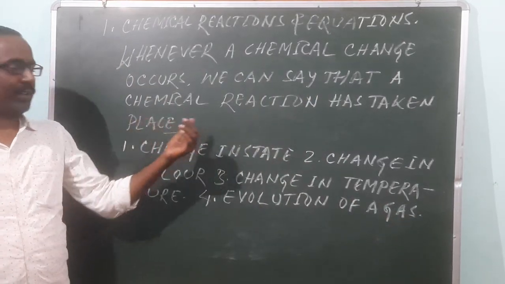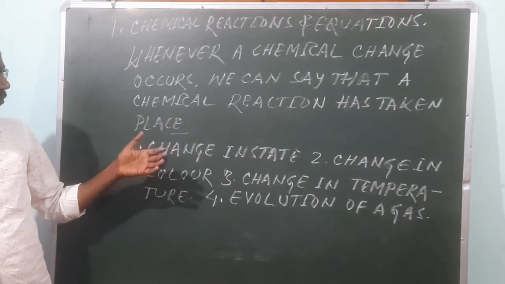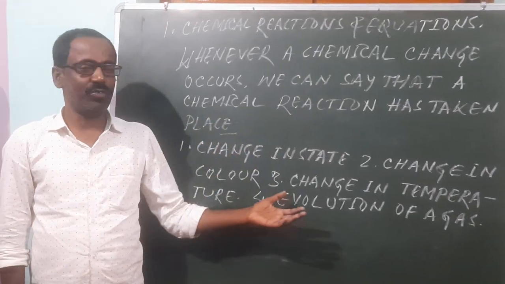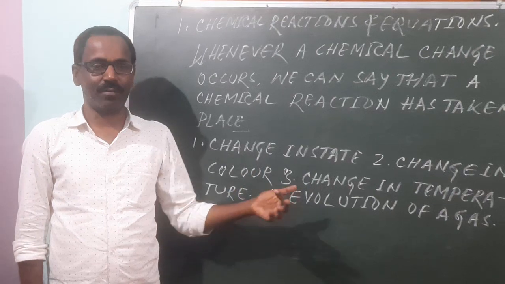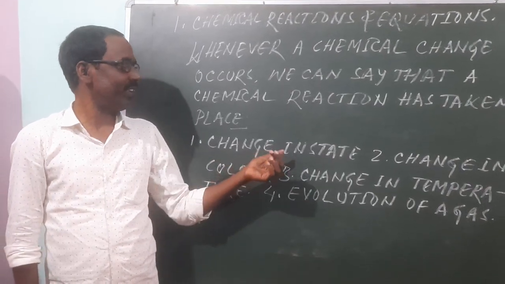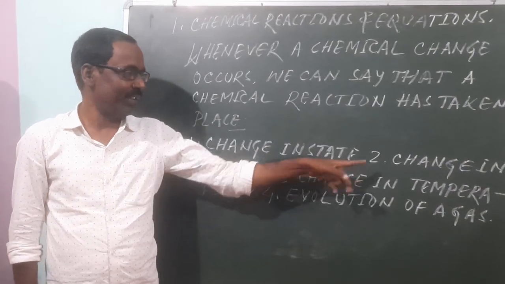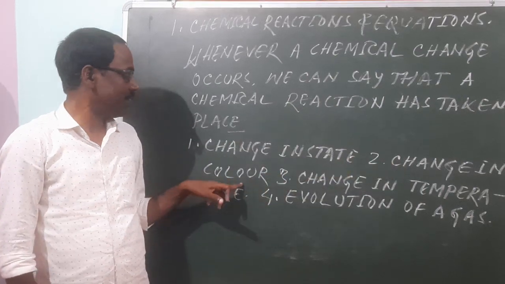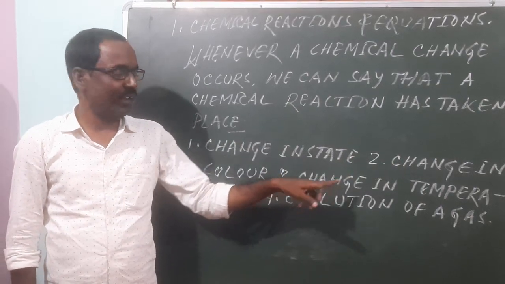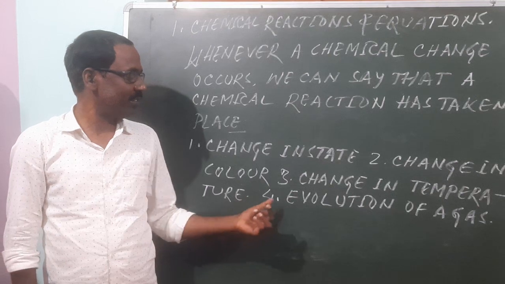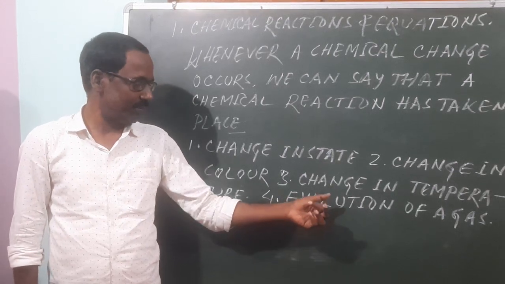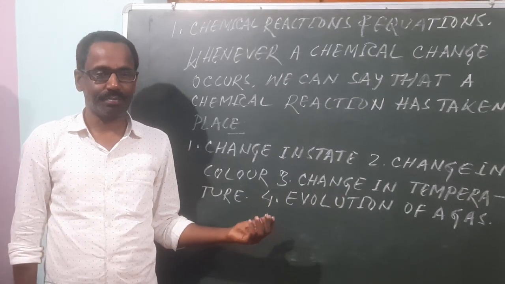When a chemical reaction has taken place, then any one of these 4 changes, or all of them, take place, such as change in state of the substance, change in color of the substance, change in temperature of the substance, or evolution of a gas.